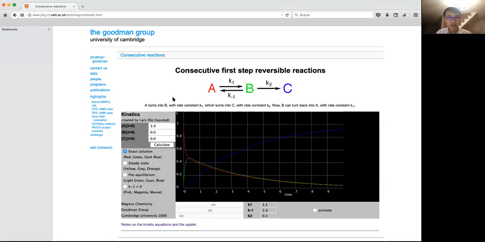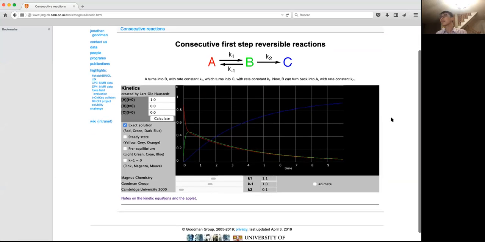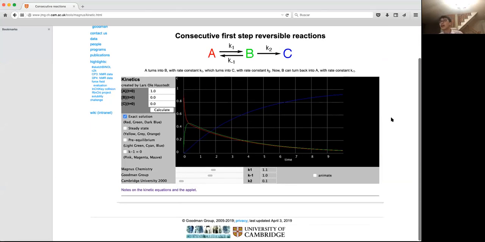Okay, where's my Zoom share? Okay, can you see my screen? No problem, right? Okay, finally it is here. So you see 3 lines. The red line is the concentration of A changing with time.